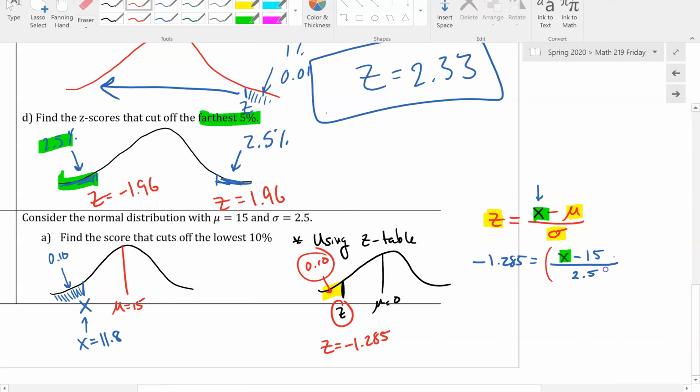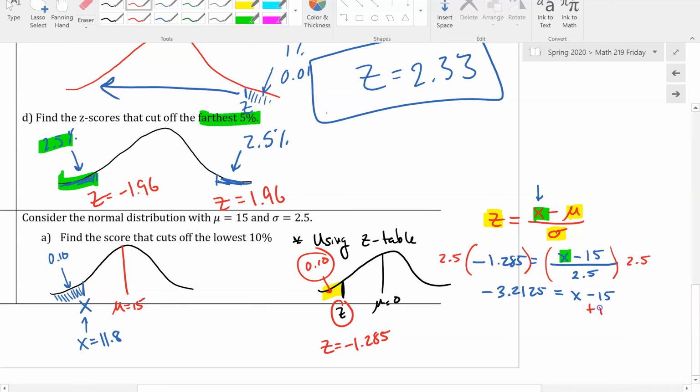You know, I would just multiply both sides by 2.5 to get rid of the fraction. So what does that come out to be? 2.5 times negative 1.285. This is negative. This would be negative 3.2125 is equal to X minus 15.